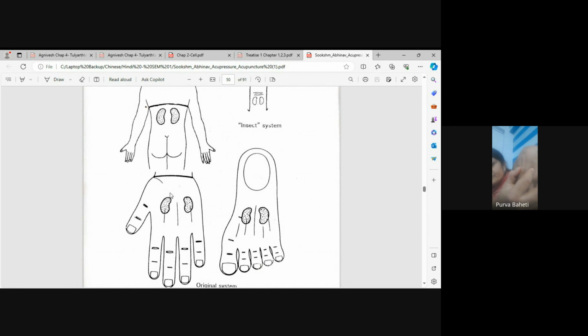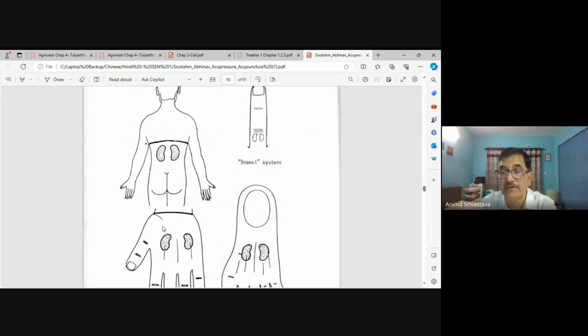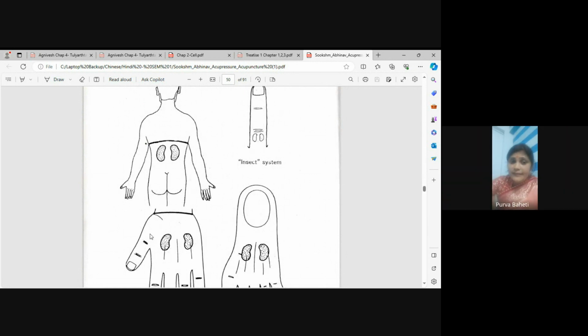The kidneys are just below our diaphragm, so it's here only. Only take care of left and right. If you have to treat a particular kidney, then you have to consider the correspondence. If you consider correspondence, it will give better results. Now the anus, I told you, it's here only, between two legs.